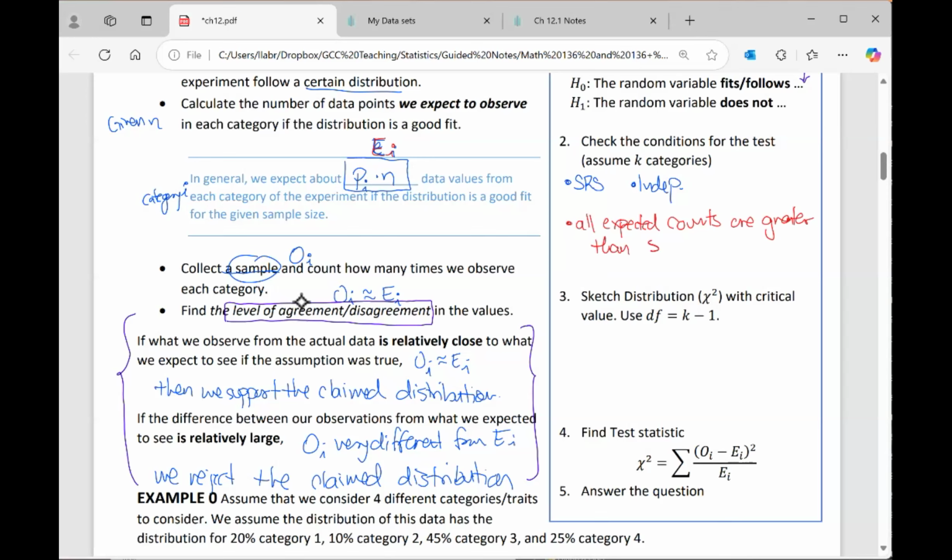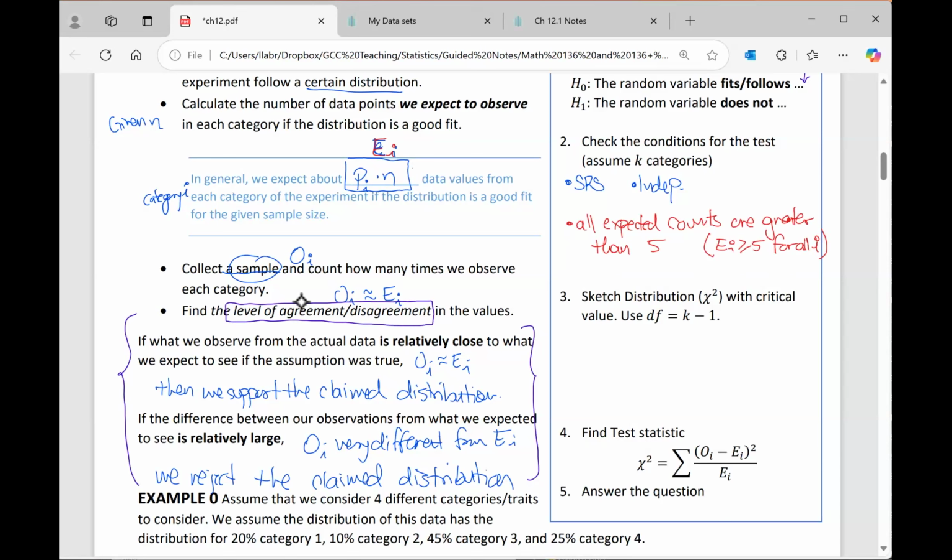And so a shorthand way of writing that is that EI is greater than or equal to 5 for all I. So for each category, you want to make sure that your expected counts are not very small. Part of the reason is that you will reject the null hypothesis just because the number is very small.